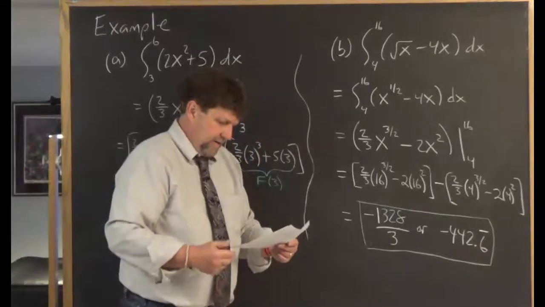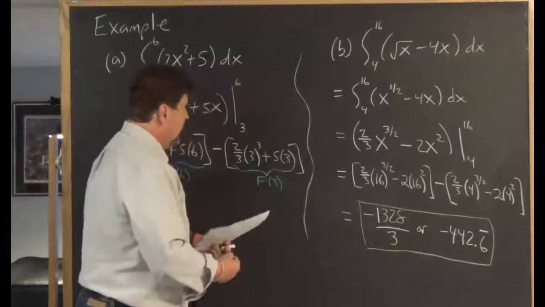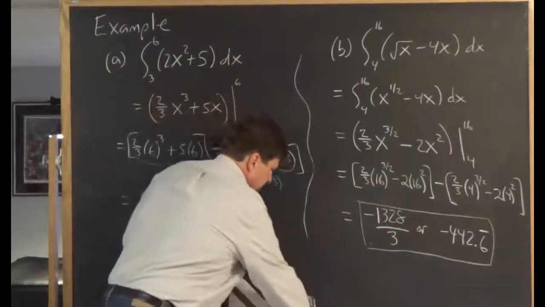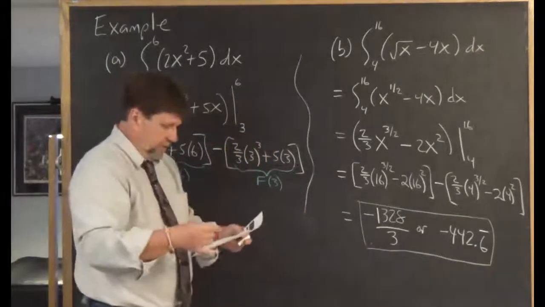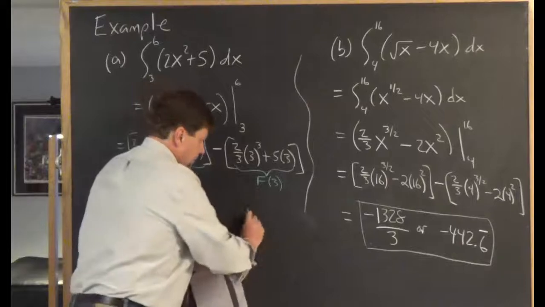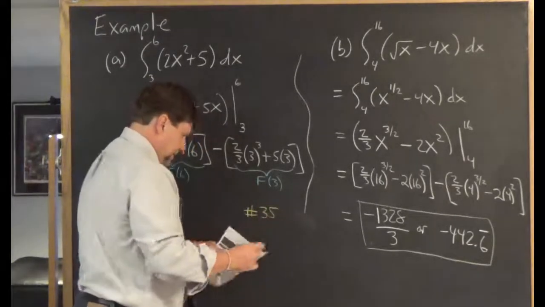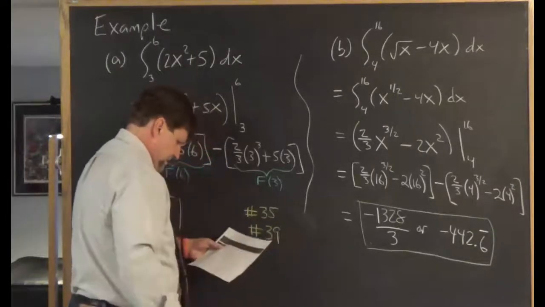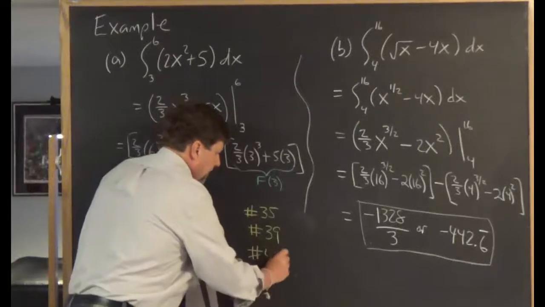All right, I want you to practice a few of these right now. So let's see. Right now, why don't you do numbers in section 6.2, why don't you do number 35, number 39, and number 45.